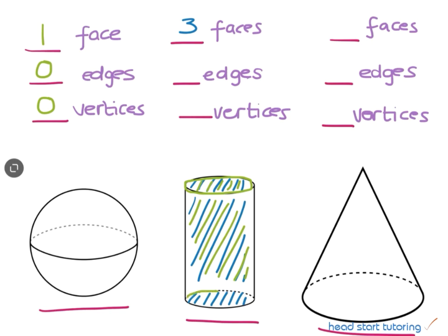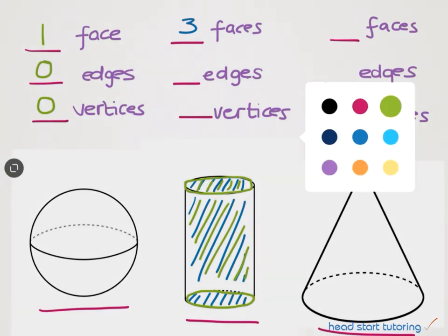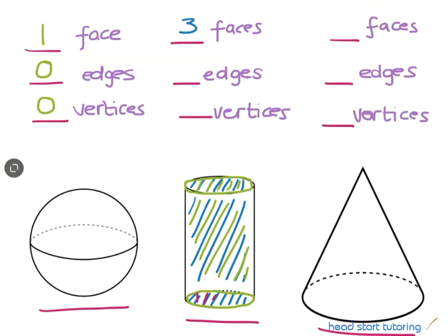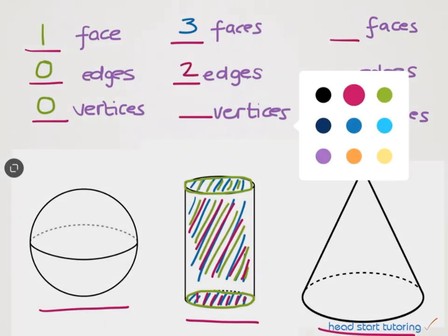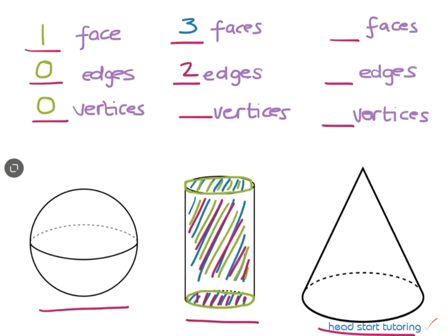And we have got another edge over there because that edge joins this face and this face together. So we have got 2 edges in our cylinder. How many vertices do we have in our cylinder? We do not have any corners in our cylinder, so our answer is 0 vertices.